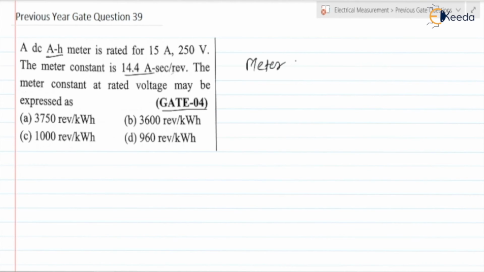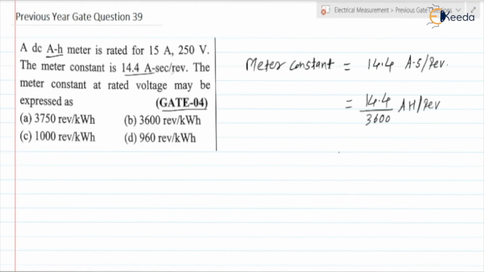We can write meter constant is equal to 14.4 ampere second per revolution, which is equal to 14.4 divided by 3600 ampere hour per revolution, right? Because we know 1 hour is nothing but 3600 seconds.